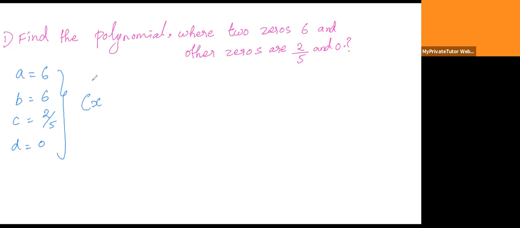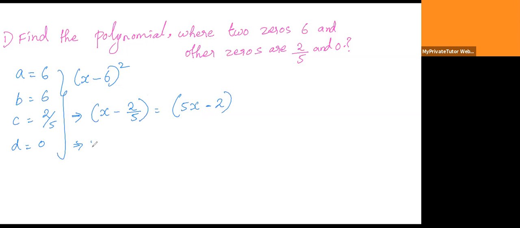Please write it in factors. This would be x minus 6 whole square, then x minus 2 by 5, which is nothing but 5x minus 2, and the last one is obviously x.